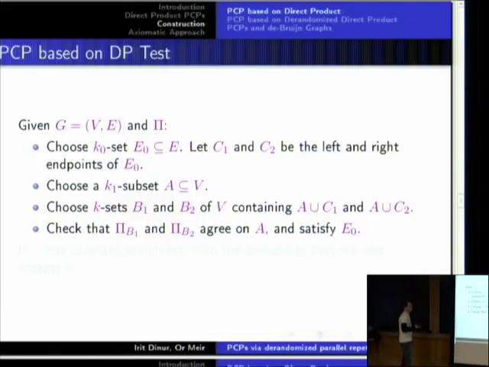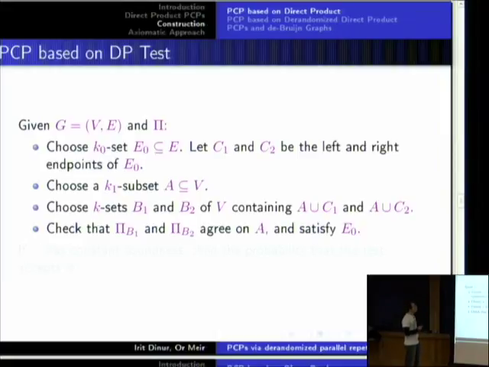And then we check that the two coordinates of the proof at B1 and B2 agree on A and satisfy the edges in the set we chose, the set E0.